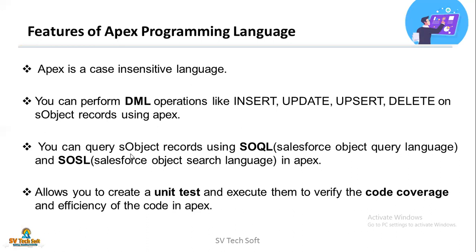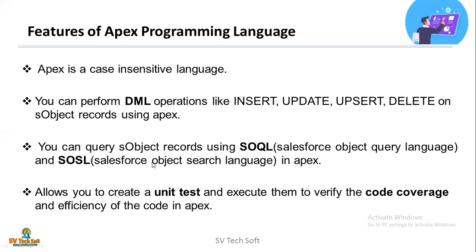SOSL means Salesforce Object Search Language. For example, if you want to find any specific text among your objects, you can do it with the help of SOSL. The syntax is simple: SELECT field API name FROM object is SOQL. SOSL is where you find your text with the help of the FIND keyword. That's it. This is very simple.